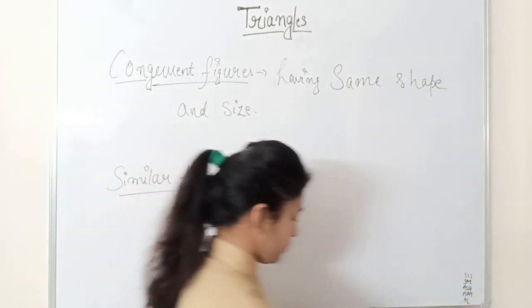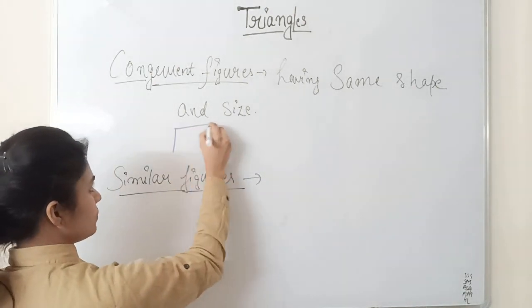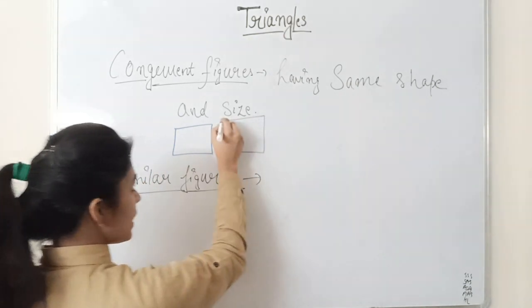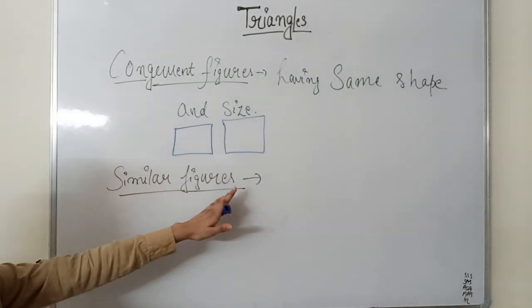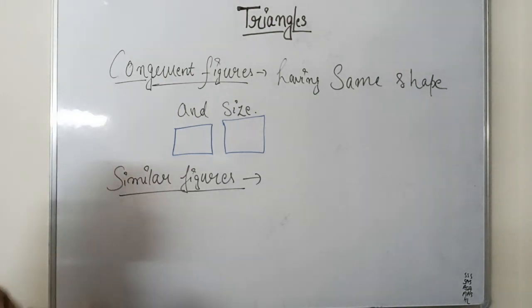Example, square. Same size and same shape. Okay, these are equal. Then these two figures are said to be congruent figures.